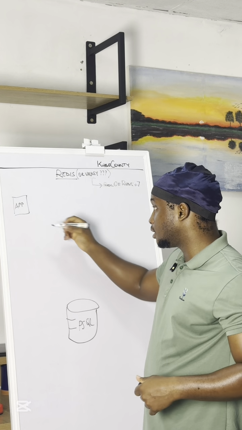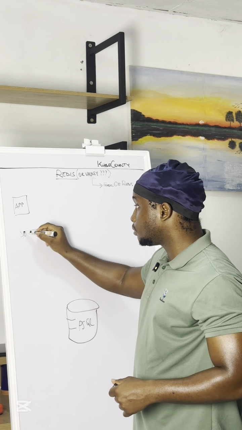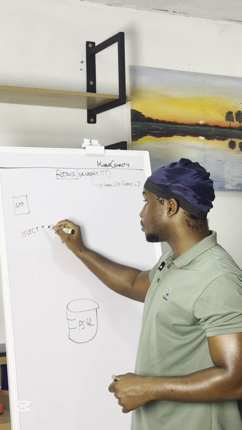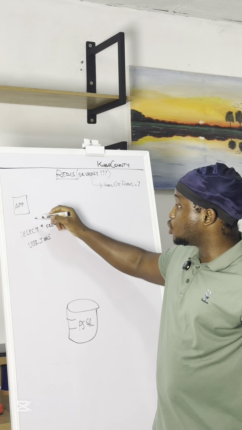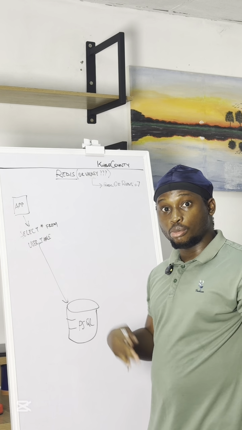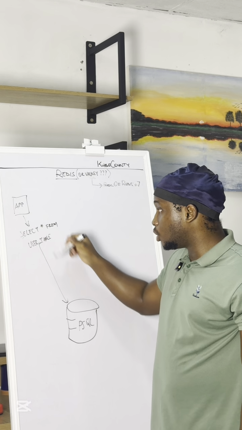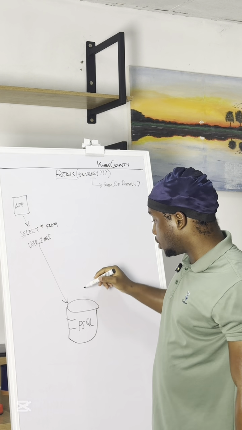So it makes that request, a select. When your app makes this read request, Postgres gets all the data from the user table and returns it to your application, okay?